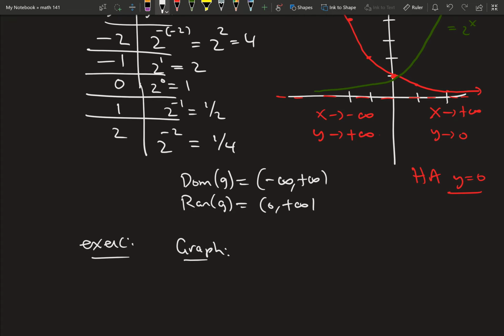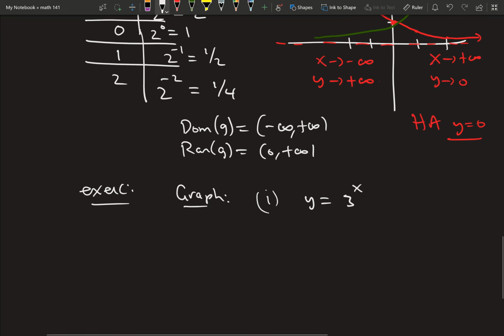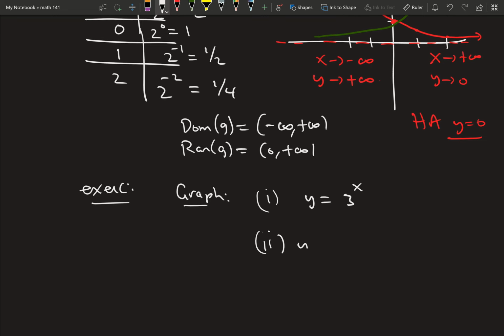Okay, so let me leave you here with a couple of exercises. Go ahead and graph a couple of functions. One, y equals 3 to the x. Go ahead and graph y equals 3 to the minus x. And then let's graph y equals 3 to the x minus 1, and then plus 1.